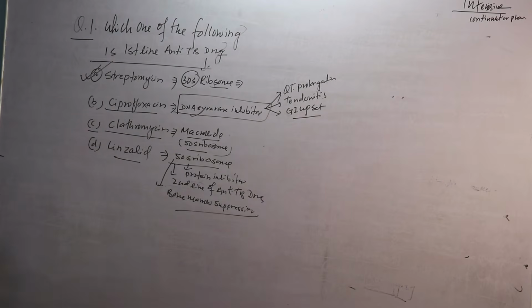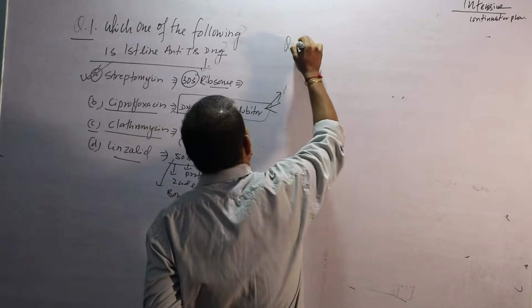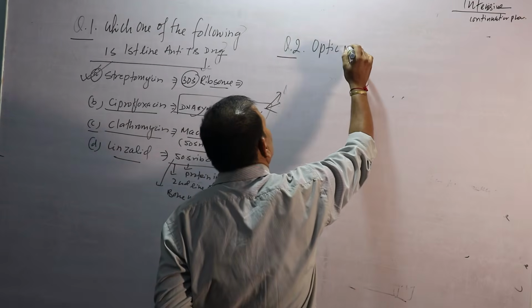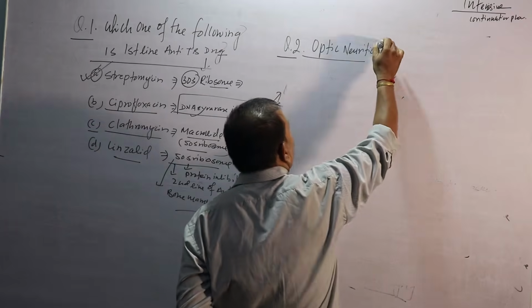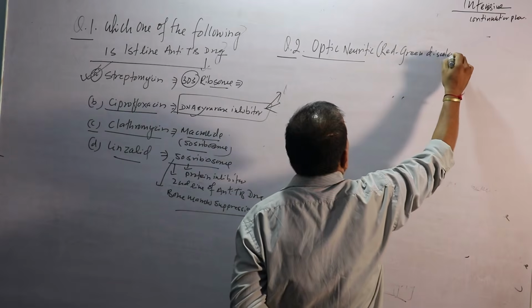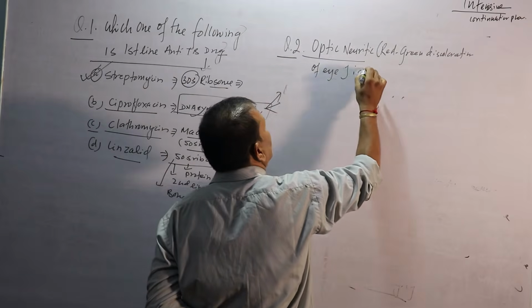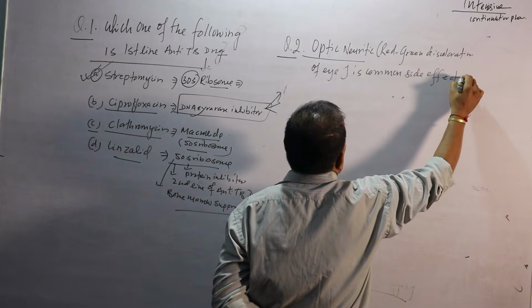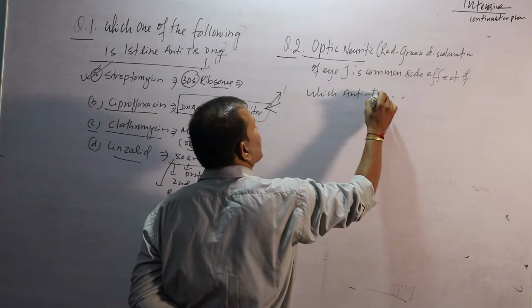Question number 2. Optic neuritis, which means red-green discoloration of the eye, is a common side effect of which anti-TB drug?